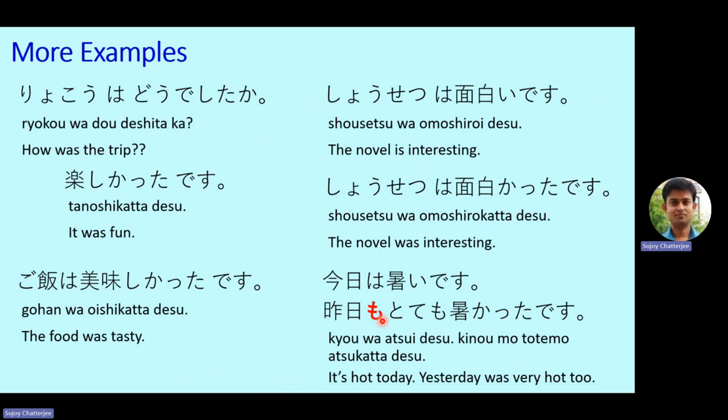We could have said kyou wa atsui desu, kinou wa totemo atsukatta desu. So that will be: today it's hot, yesterday it was very hot. If we add mo in place of wa, it will make the sentence sound better. Kyou wa atsui desu, kinou mo totemo atsukatta desu. It's hot today. Yesterday it was very hot too.